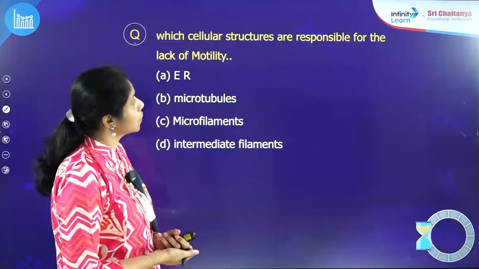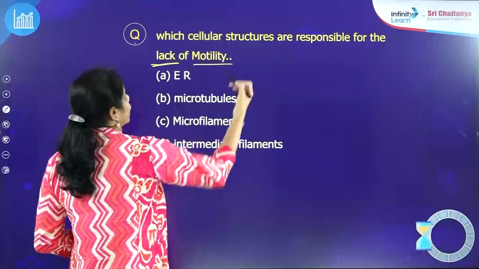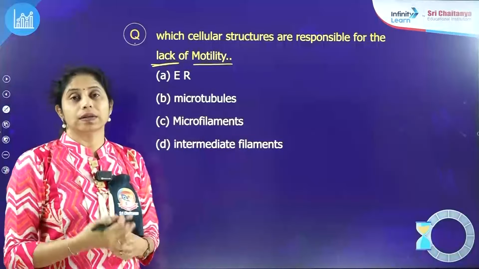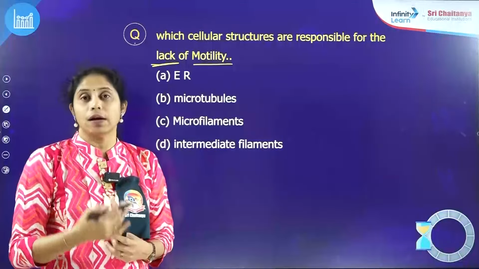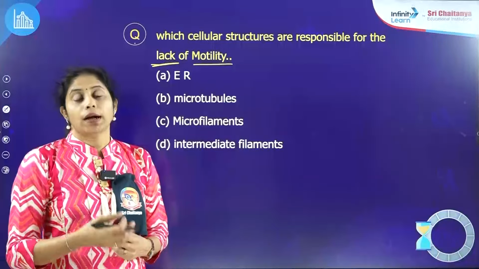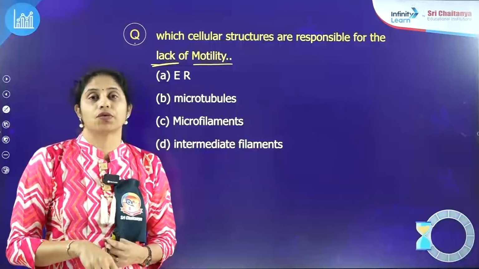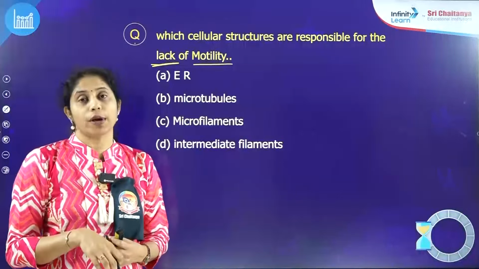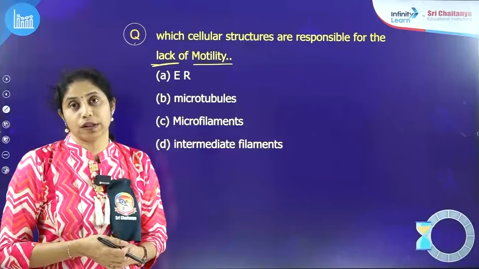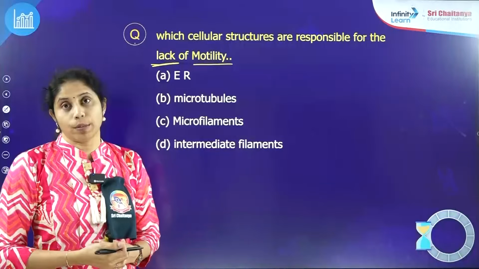Which cellular structures are responsible for the lack of motility? Basically, cell motility in terms of cilia and flagella is provided by the microtubules. But cell to cell movement, cytoplasmic streaming and pseudopodia formation are provided by the microfilaments. That movement is never provided by the intermediate filaments.